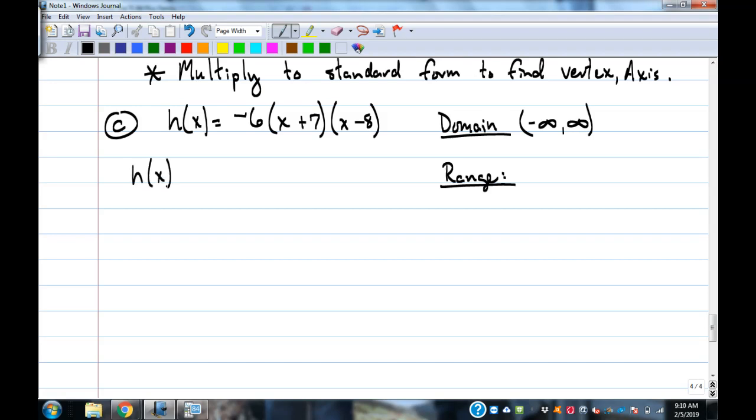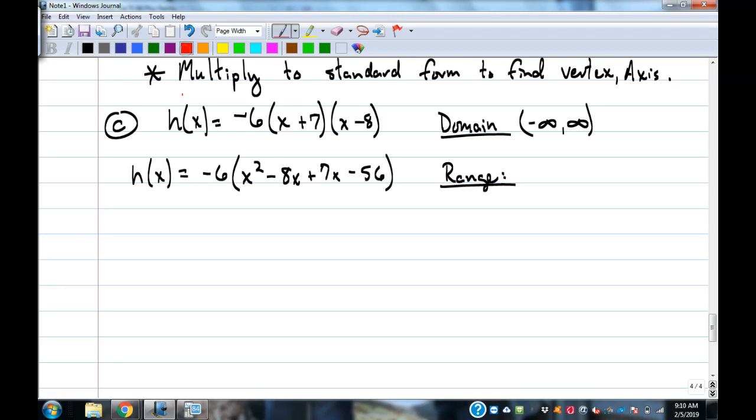In order to find the vertex, we're going to have to multiply this out. It's the distributive property. You're distributing x plus 7 to x minus 8. So x times x is x squared, x times -8 is -8x. Then distribute the 7: 7x minus 56.